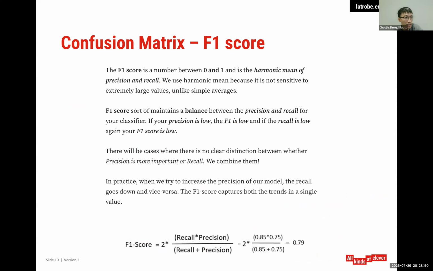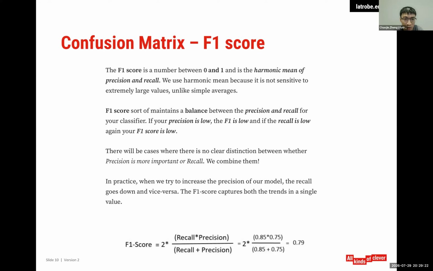Is there another measurement that can combine the advantages of both precision and recall? That would be the F1 score. The F1 score is a number between 0 and 1, and it's the harmonic mean of precision and recall. We use the harmonic mean because it is not sensitive to extremely large values, unlike a simple average.